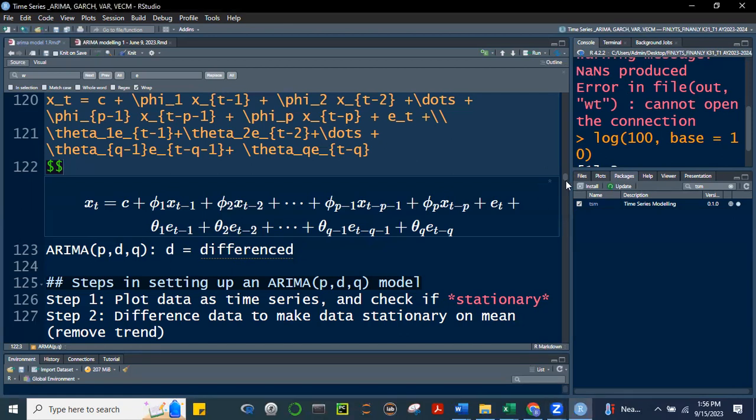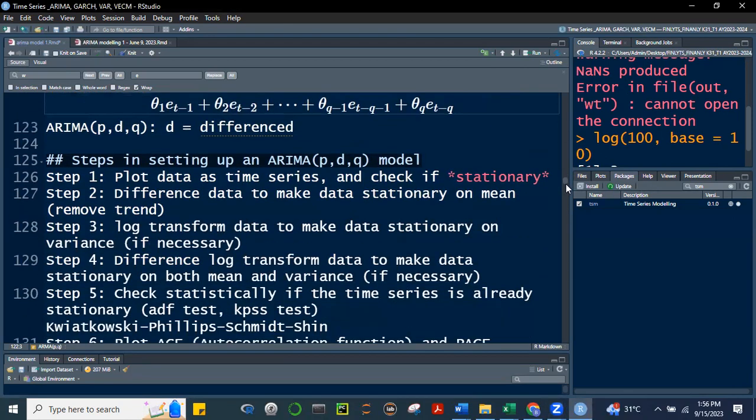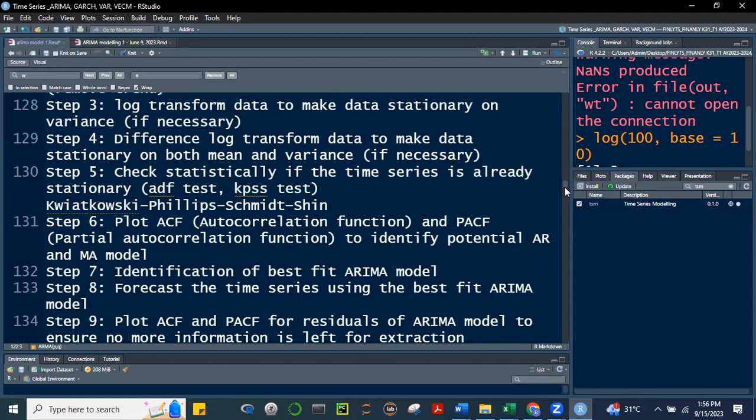Okay, what have we done so far? We looked at our data. It's not stationary. It's not stationary in mean, not stationary in variance. So what we did was to get the log of the data and then get the difference of the data. Then we plotted the data, and we saw that it's stationary.